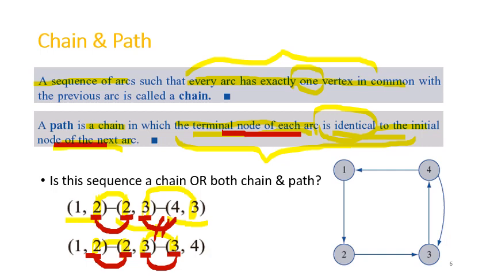When we have a path, it means that we can go from the first node to the very last node in the sequence following the path. 1 to 2, 2 to 3, 3 to 4. Okay, so that's what a path means.